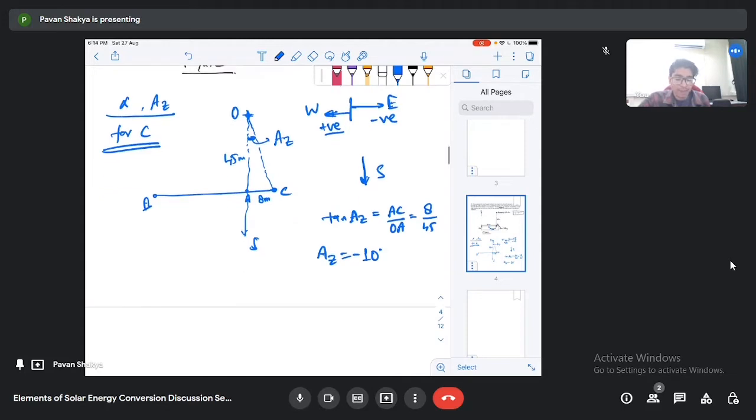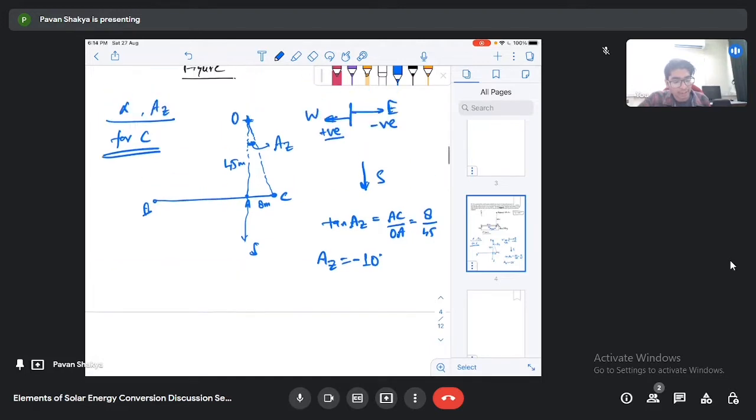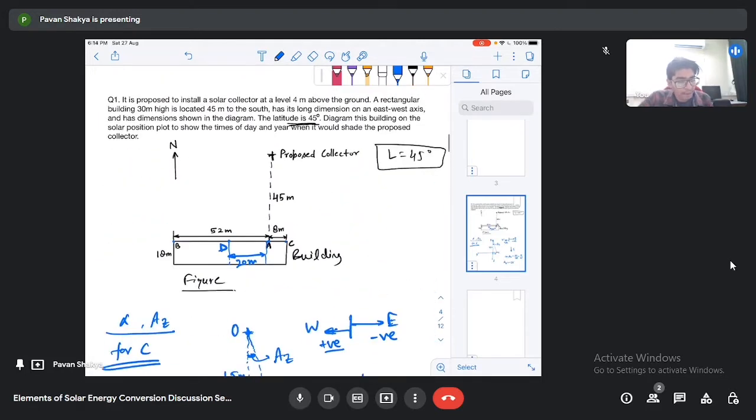Now, second, we have to calculate the altitude angle. To show you the altitude angle, I will sketch a three-dimensional view. The building height is given as 30 meters.